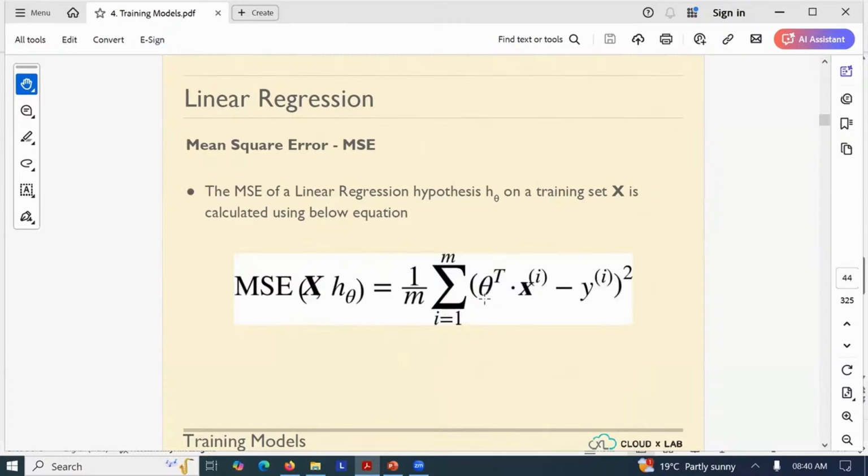For any given theta, if you want to calculate the loss for that theta, we need to use all data points. So if there are m data points, we have to calculate the error using all training data points. Then only we can get the total MSE for that particular theta, right?